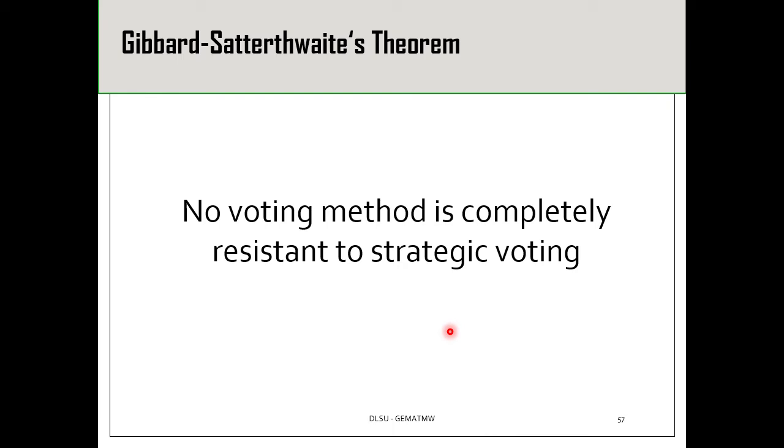We saw in the previous videos that the plurality method is vulnerable to strategic voting. But it turns out that by GS theorem, there is no voting method that is completely resistant to strategic voting. So this means that the majority rule, Borda count, and Hare system are all vulnerable to strategic voting.